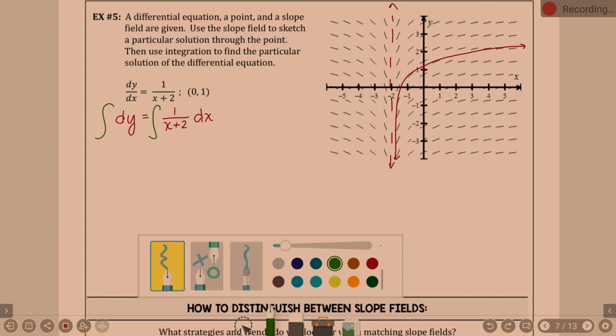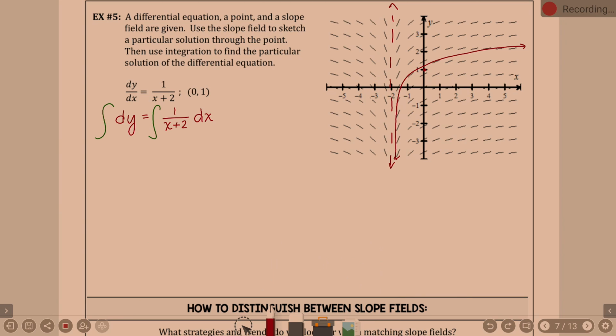The integral of dy is y. Integral of 1 over x plus 2 is natural log of the absolute value of x plus 2, plus c. Recognizing it is the family of curves there. Now, there's our equation.